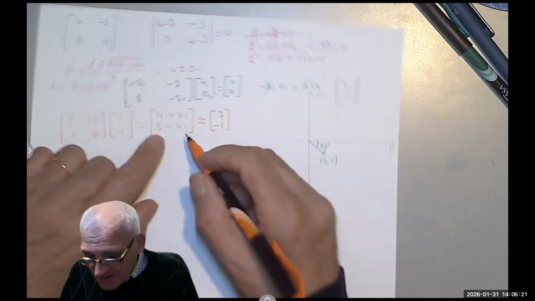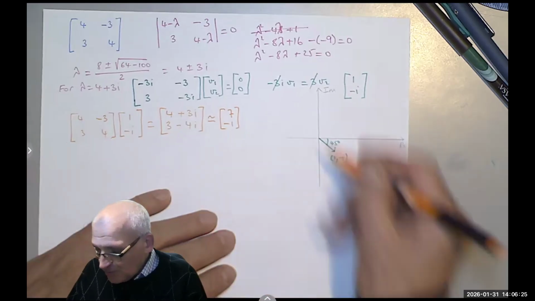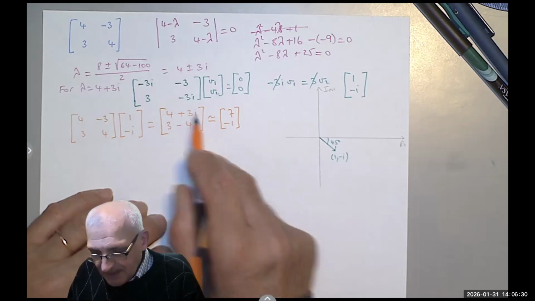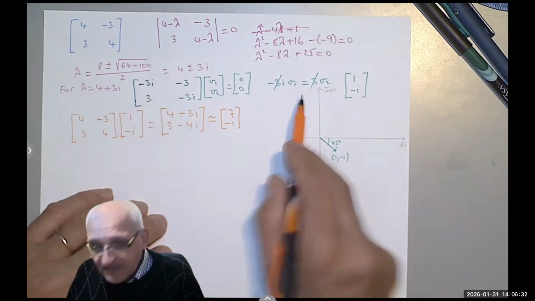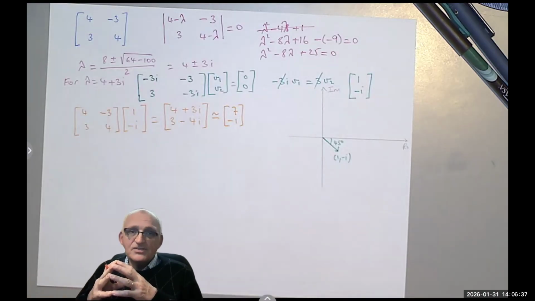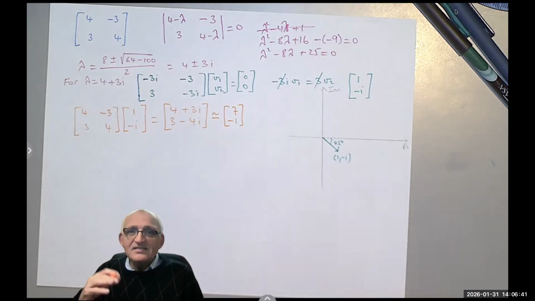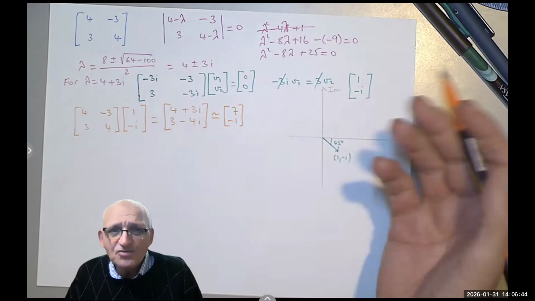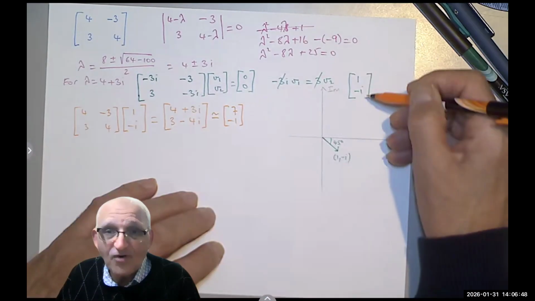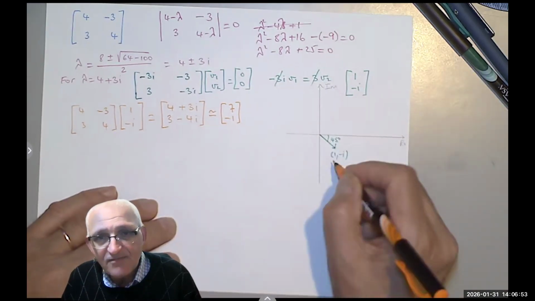Why did I say that? Because really the i here, we are using it just so we can plot, and we say that my eigenvalue and eigenvectors were complex numbers, not real numbers. But when you do the math to find angles and rotation, there is no reason to say that. So it's as if this point is 1, negative 1 in the regular xy plane. You see that we are in the fourth quadrant, y negative 1.